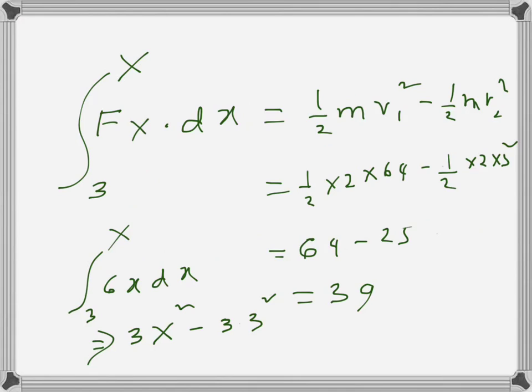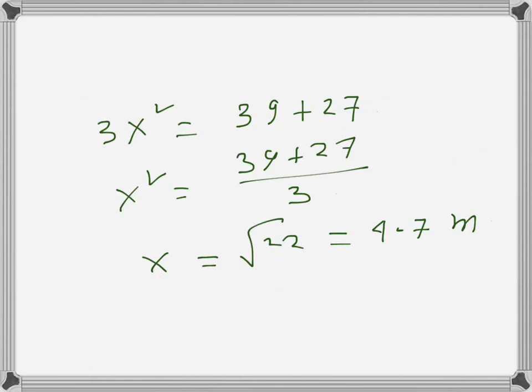Basically here I integrated 6x, which is 3x squared, with the upper limit the unknown uppercase X and the lower limit 3, so 3 times 3 squared. Then 27 goes to the right hand side, and finally we solve for the unknown X, which is 4.7 meters. This is the second part of the problem.